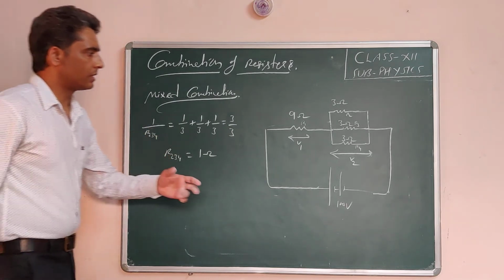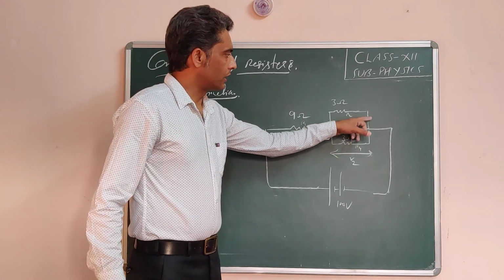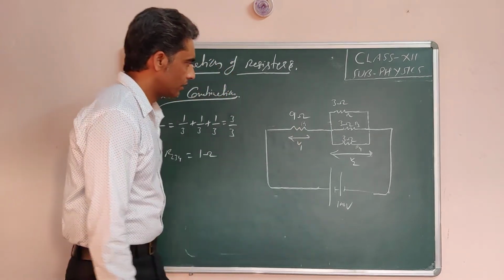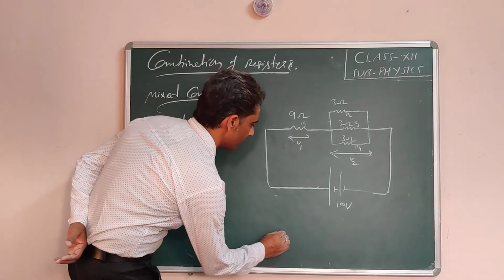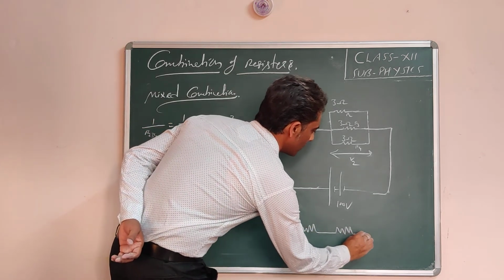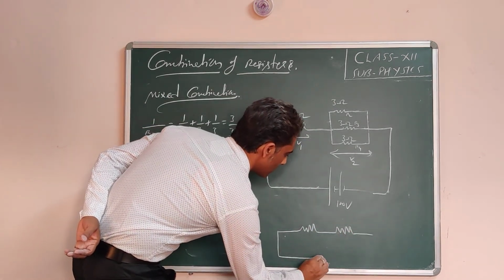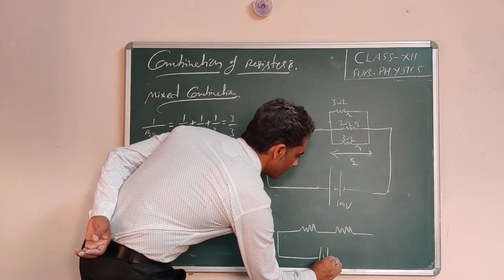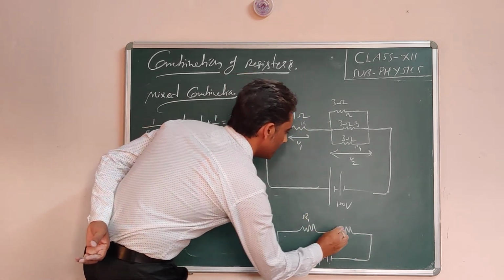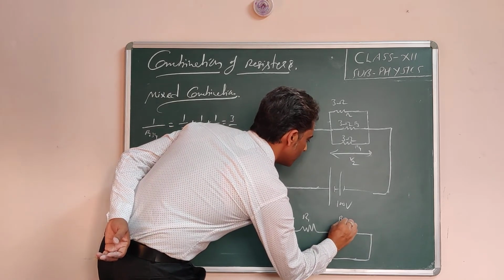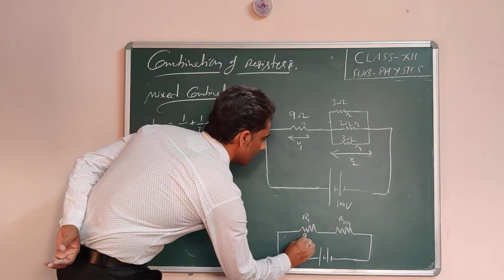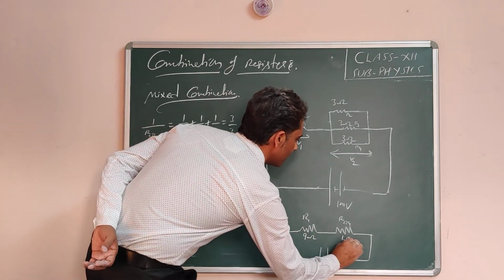Now the total resistance of these three will be in series with this resistor. So the equivalent circuit will be like this: R1 is 9 ohm, and this is 1 ohm.